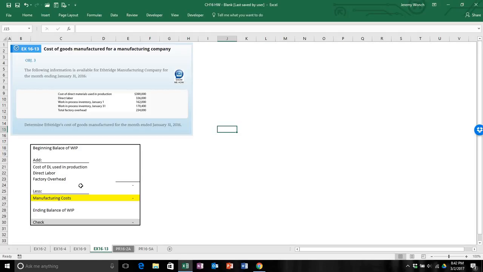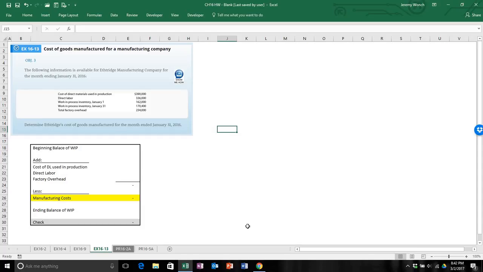So as we go through a period, a month or a year, we're going to be making goods, put them in finished inventory, and then we're going to sell the goods. And so when we sell the goods, that's when we have a cost of goods sold. But when we're making it, we might make some, sell some, but not sell part of it either. And so the cost of goods manufactured is the cost of everything that we made during the year. And so both are two different numbers, but still important.